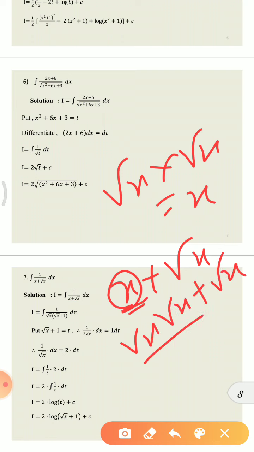Root x is common, so root x into (root x + 1). That is 1 upon root x into bracket (root x + 1).